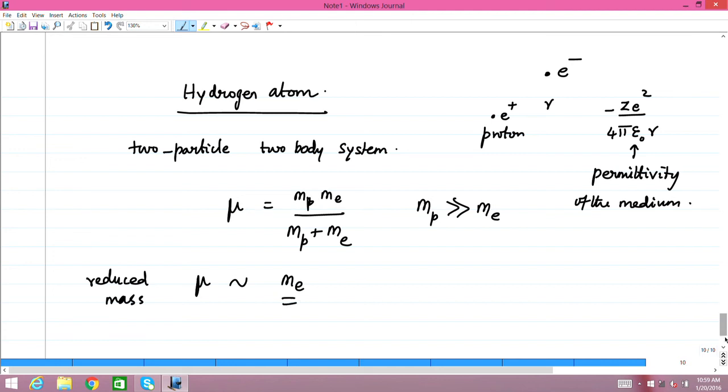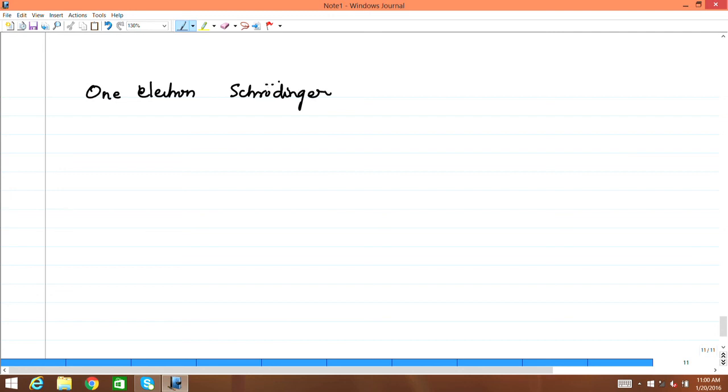And this is what we normally use in writing down the 1 electron Schrodinger equation for the hydrogen atom. We do not worry about the center of mass, the nucleus is too heavy, we do not consider the kinetic energy of the nucleus or kinetic energy of the whole atom system, but only the 1 electron system that we need to study.